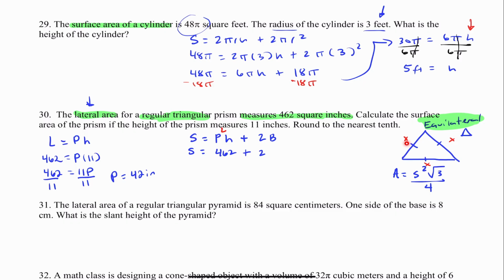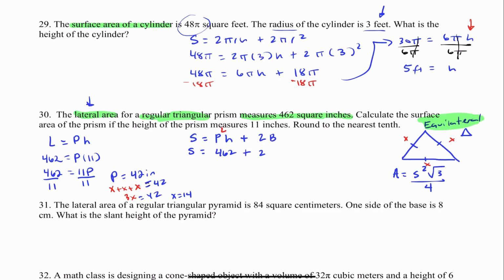So I have x plus x plus x equals 42, and that's going to give me 3x equals 42. So what is that going to give me? That is going to give me x equals 14. So x equals 14.